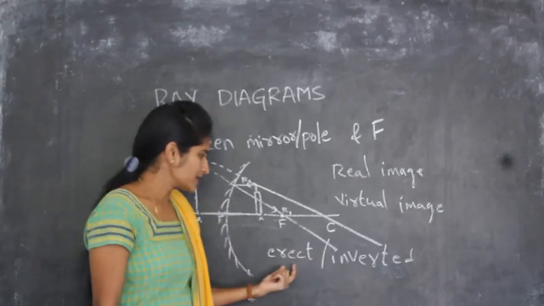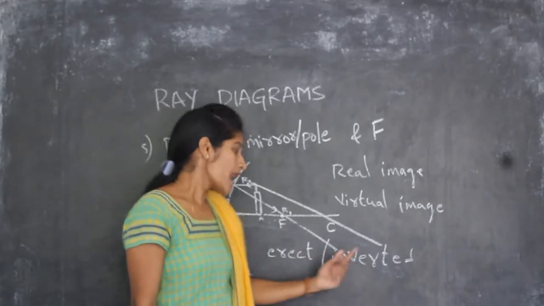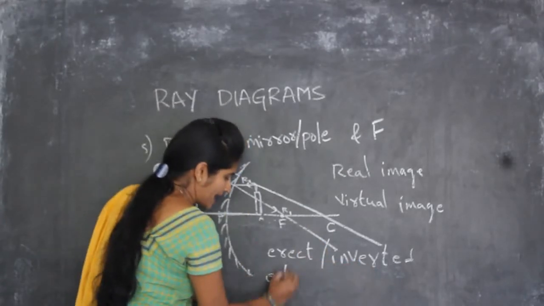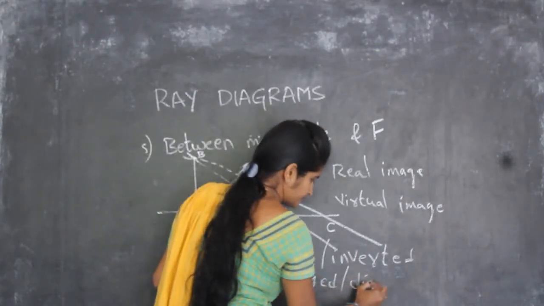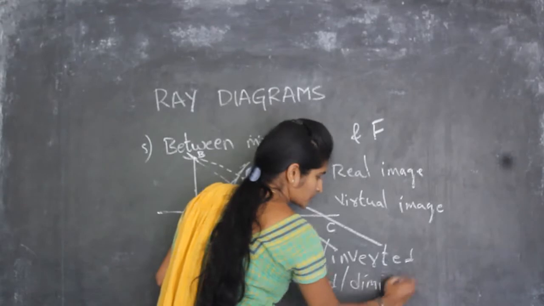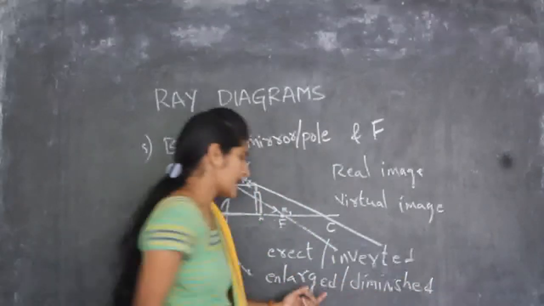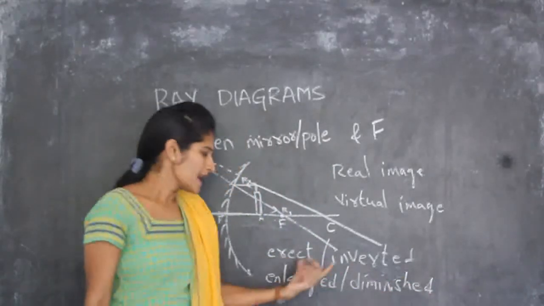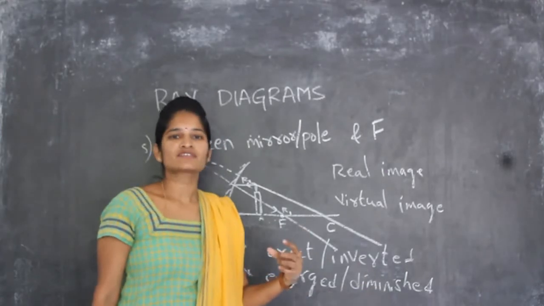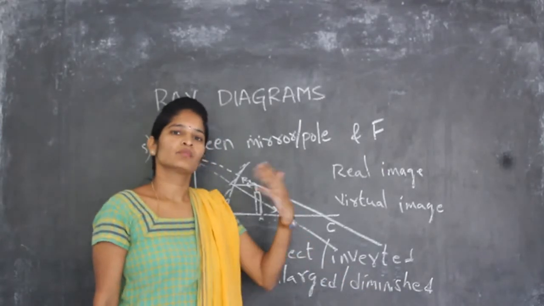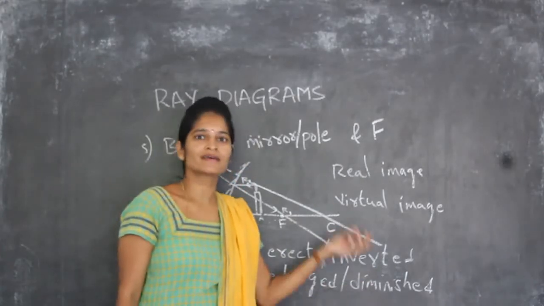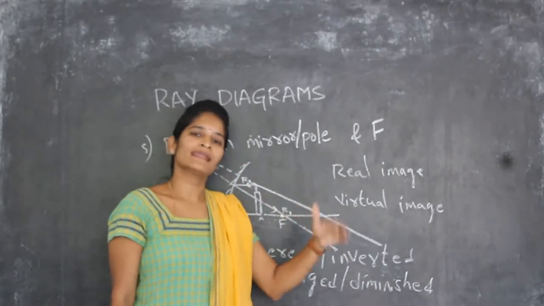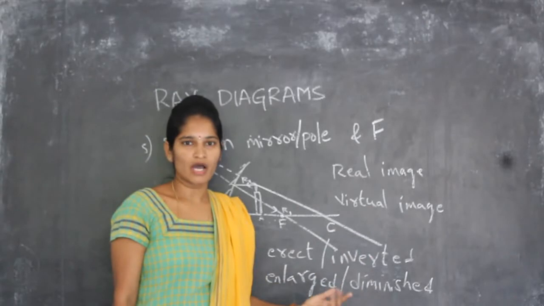Is it clear? So erect image and inverted image. And also you need to know about enlarged and diminished images. Enlarged is nothing but the size of the image will be more than the size of the object, whereas a diminished image is where the size of the image will be less than the size of the object.